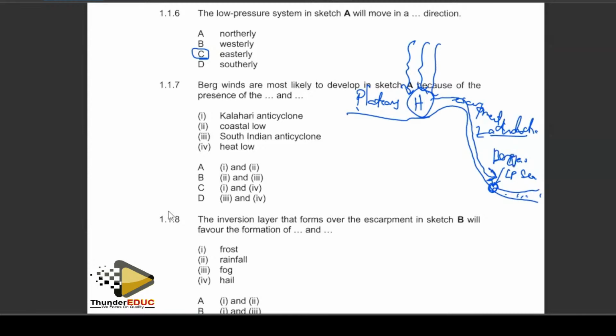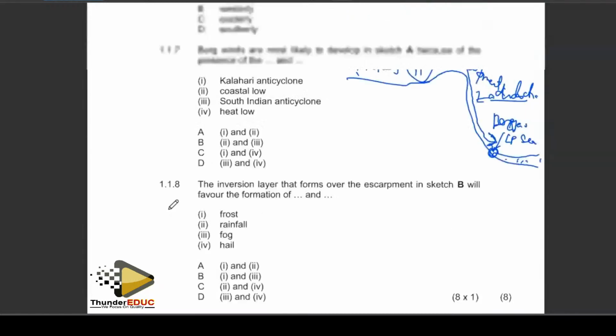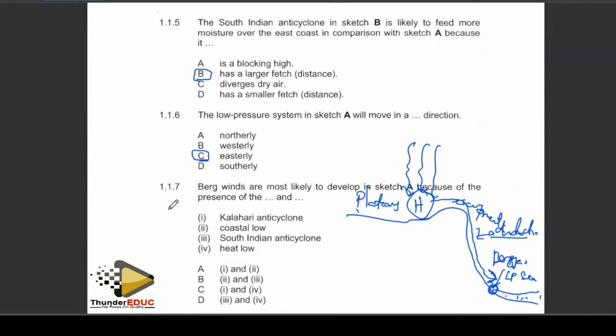It's just a short background so that you can understand how we are supporting a particular answer as to it being the correct response. So the Berg winds are most likely to develop in sketch A because of the presence of the dash and the dash. Which two conditions there? We have talked of the Kalahari anticyclone.